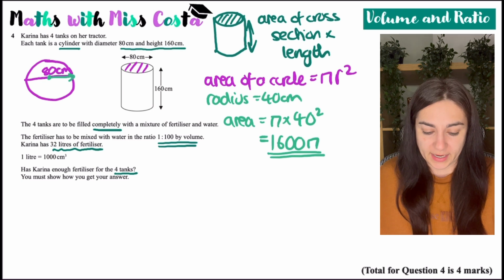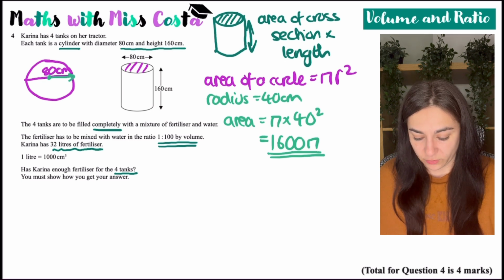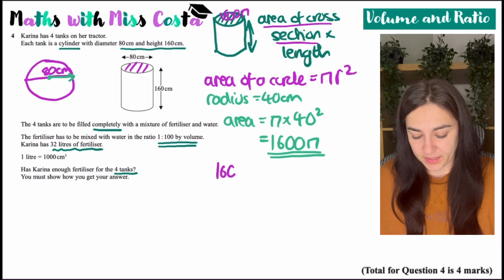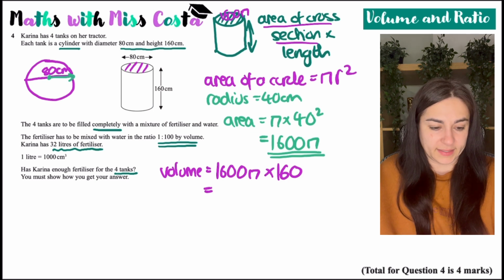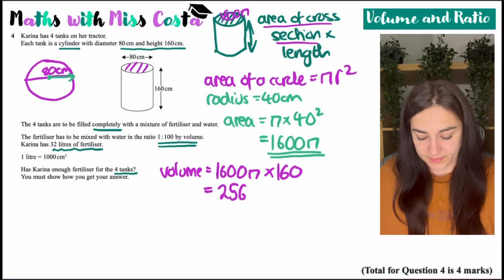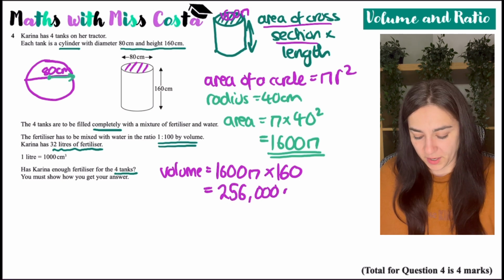Now what do I do to work out the volume? Well, I work out the area of the cross section, which is 1,600 pi. And then I multiply it by the length, which is 160. So the volume is going to be 1,600 pi times by 160. And 1,600 pi times by 160 gives me 256,000 pi.